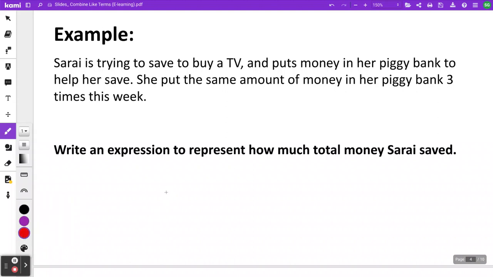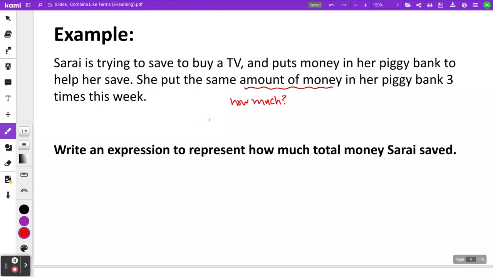So I was hinting at, because we don't have all of the information and some of it's unknown, we're going to need a variable for the situation. I told you she's putting the same amount of money in her piggy bank, but since we don't know how much money she puts in each time, that's an unknown, and I need a variable for that.